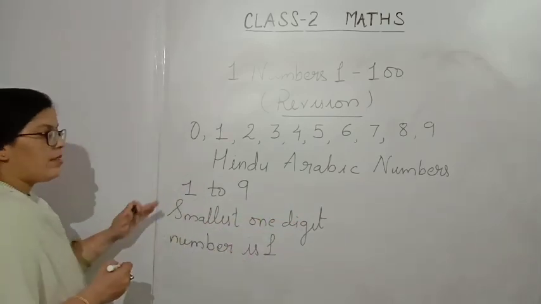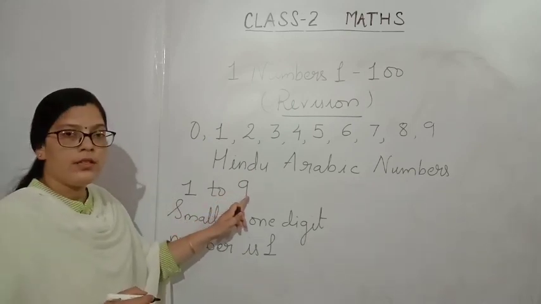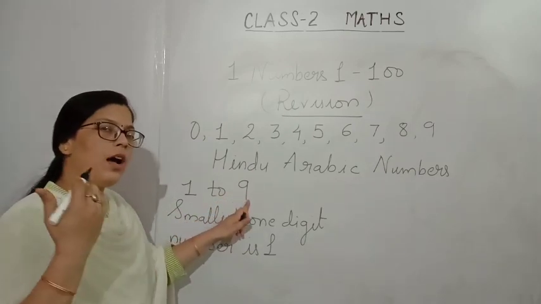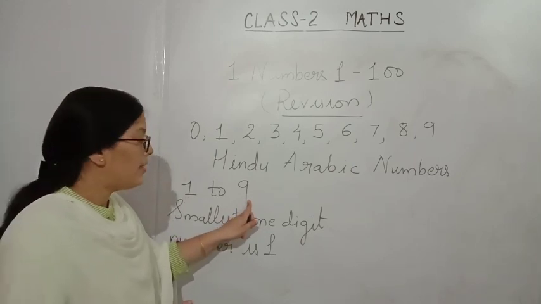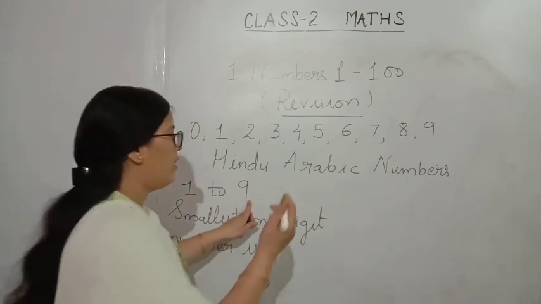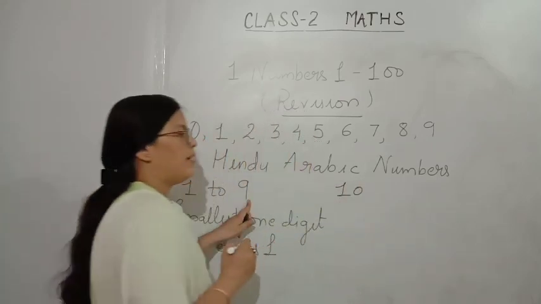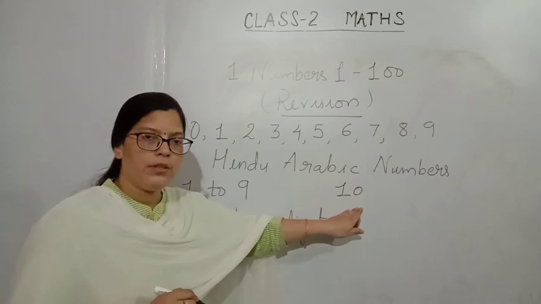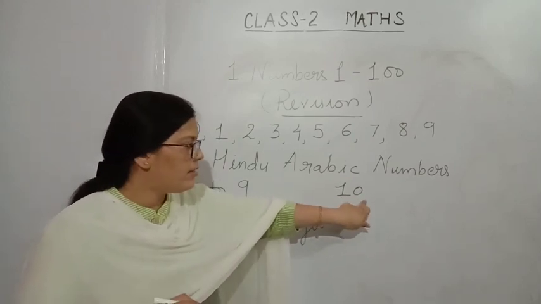Now, which is the greatest one digit number? This is 9. And what comes after 9? Yes, it is 10. And 10 is a two-digit number. Why? Because here we are using two digits, 1 and 0.